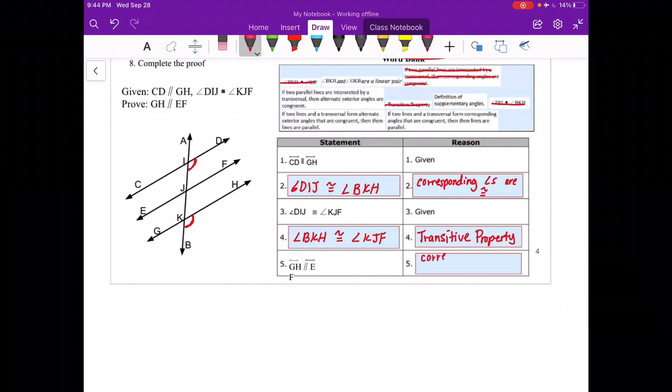So again, if we have corresponding angles, then our lines are parallel. And that is it. We have completed this proof using the word bank. And that's it for the 1.3 test review.